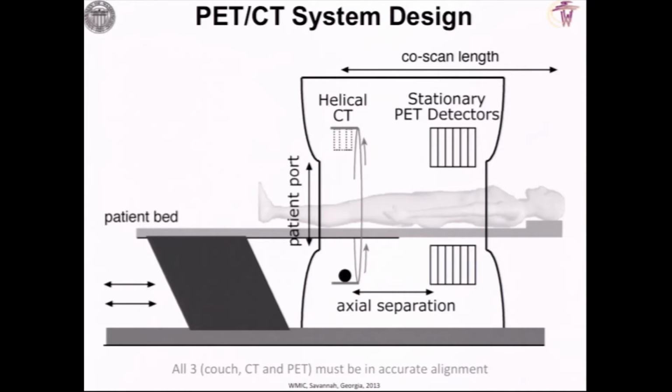Now there's been more integration of the technology, but basically you're taking images of a patient sequentially. You reconstruct the CT image, then using the attenuation information from the CT image, you reconstruct the PET image, and then you fuse the two images together for interpretation.